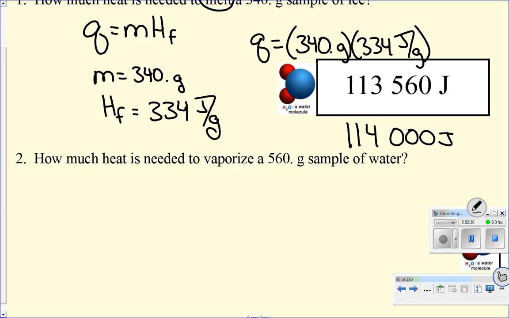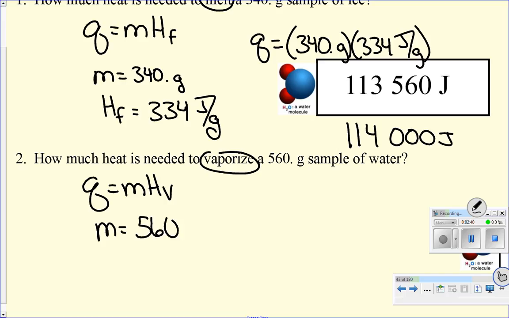If we wanted to vaporize, that tells me I'm using Q equals mHV. So in this case, I know my mass is 560 grams. I'm talking about a sample of water, which means I'm using my constants from table B. Heat of vaporization, 2,260 joules per gram.